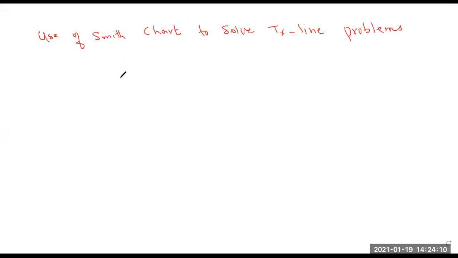So last time I explained in detail how Smith chart was developed by Peter Smith way back in 1939. And today we are going to find out how to make use of that chart if you are solving any transmission line problem. Just to recapture, in the last lecture, we found that Smith chart is basically a graph that is plotted in the gamma plane.